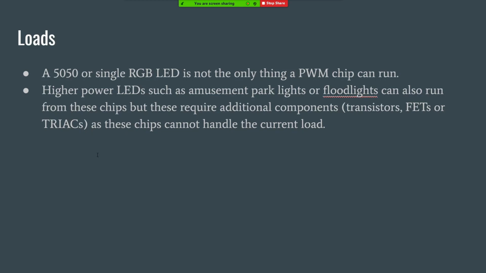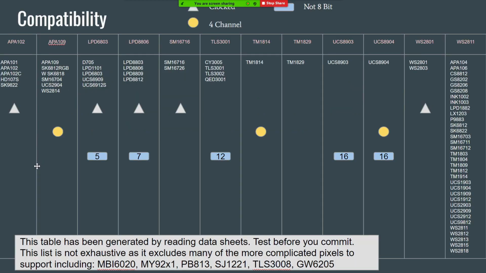They would burn out very, very quickly. And that allows you to do things like run floodlights and the like. So if anyone's bought any of those 10 watt or greater 2811 floodlights, those things would have a 2811 chip in them, but then they would also have probably a set of FETs attached to the outputs to drive the actual LEDs themselves. It could not be driven directly from the chip.